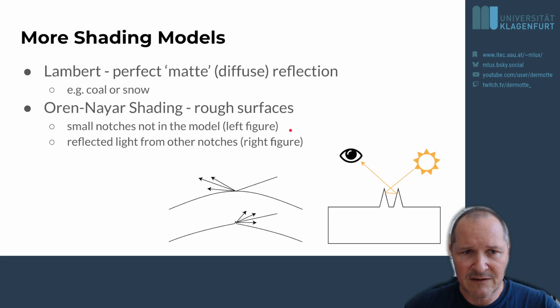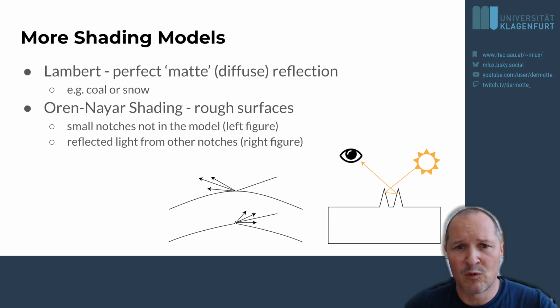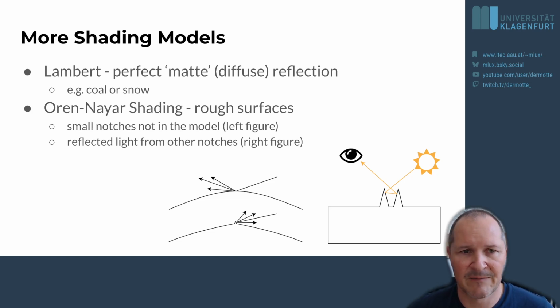What else is out there? We have, of course, a lot more shading models. For instance, Lambert, which gives a perfect diffuse reflection. For instance, coal or snow typically do not have highlights. Another one would be Oren-Nayar shading for rough surfaces.